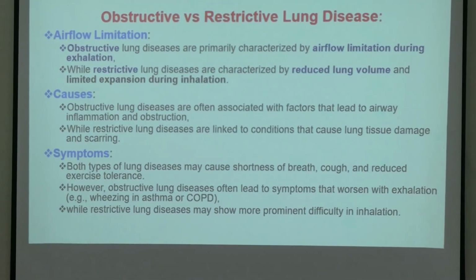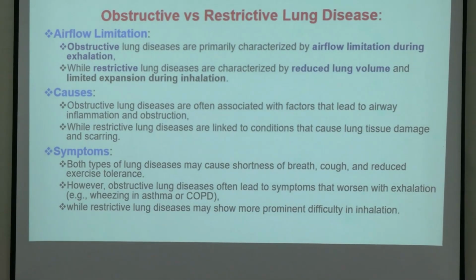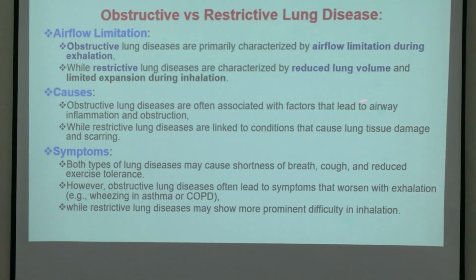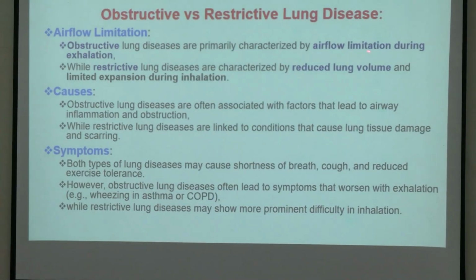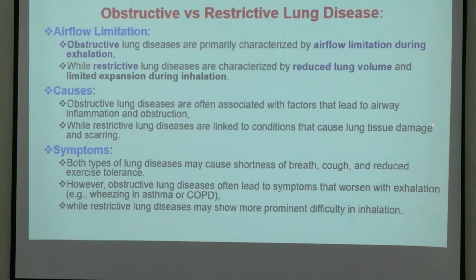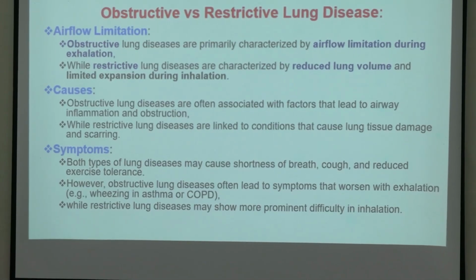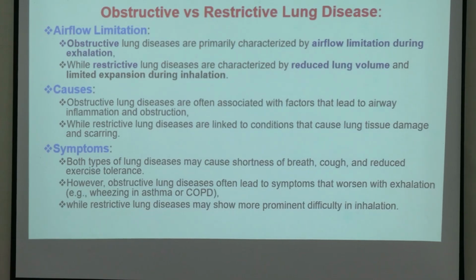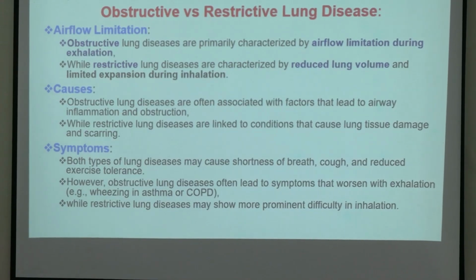You should remember these two points are very important. In one case, there is a limitation during exhalation. In the other, mainly in the restrictive conditions, there is a reduced lung volume and limited expansion during inhalation.